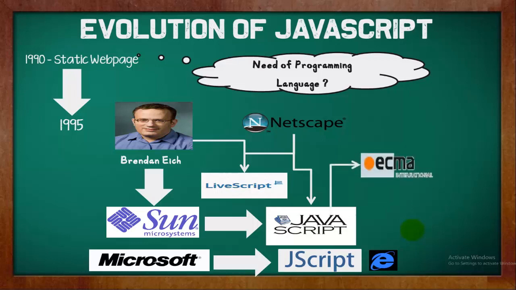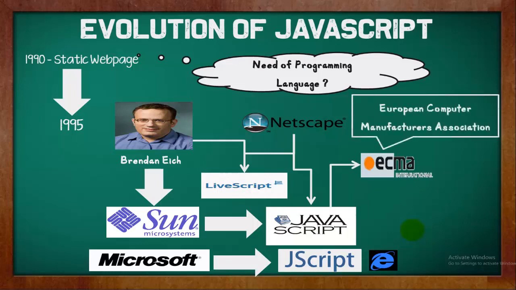In order to standardize JavaScript, there was an organization known as ECMA International. ECMA stands for European Computer Manufacturers Association. Now, what is the meaning of standardize? If I'm buying gold, it has to be standardized by hallmark. If I buy some food products, they have to be standardized by AGMARK or ISO grade.